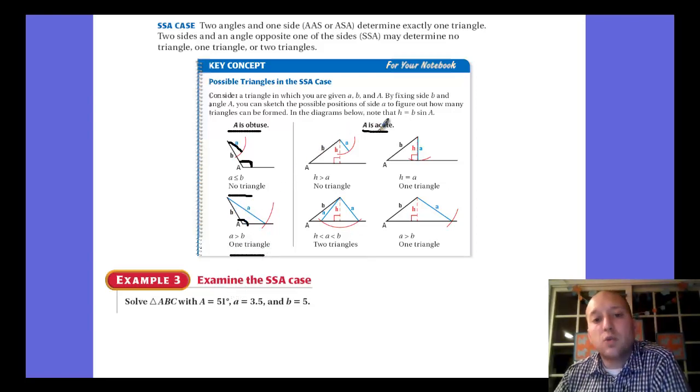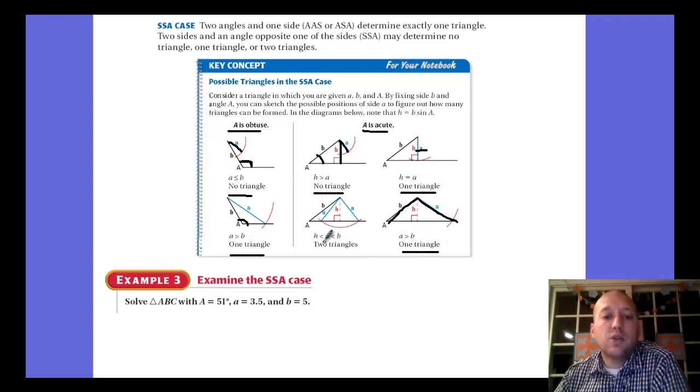The more difficult ones is when they give you an acute angle A. We have a few options here. If A again is too small, if it's actually smaller than h, the height, we get no triangle. If A is equal to h, we get 1 triangle, and it's actually a right triangle. If A is bigger than B, we get 1 triangle.